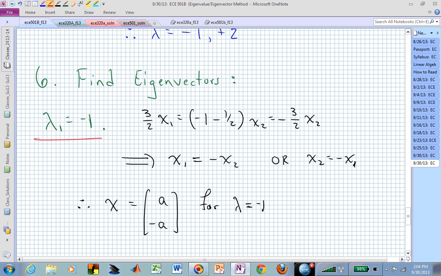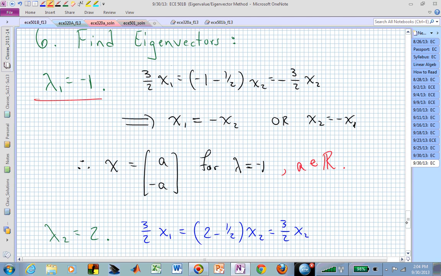An eigenvector associated with the eigenvalue of minus 1 is (a, minus a), where a is any real number. And that's now an eigenvector. So you can see that these eigenvectors are not unique. You could normalize those. You could make them nicer for your particular situation.